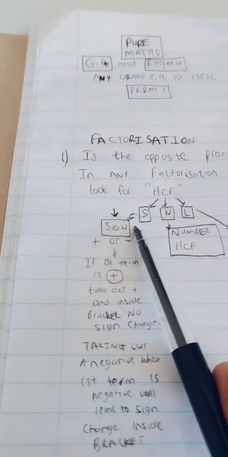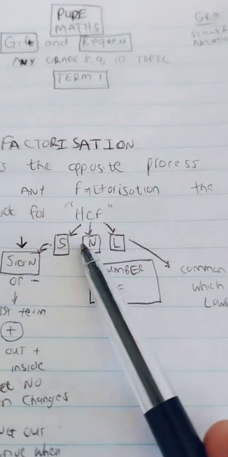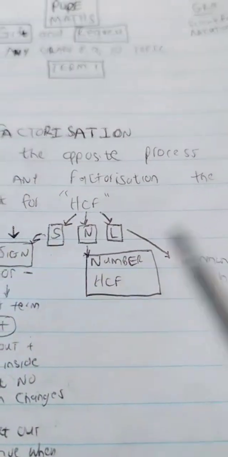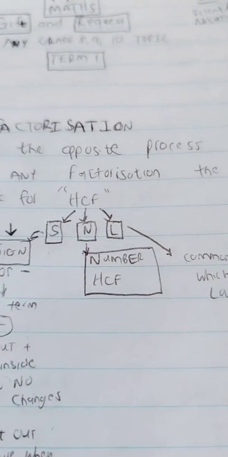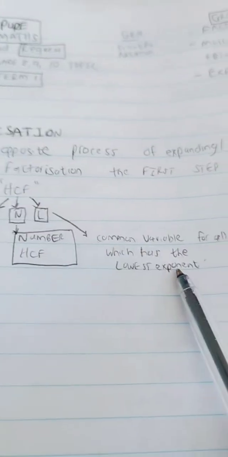For the sign, it's always the sign of the first term of your expression. For the number, it's the highest common factor number between the numerical coefficient terms. And then lastly, the highest common letter variable or letter is the common variable for all terms which has the lowest exponent.